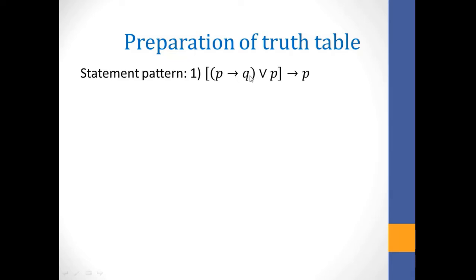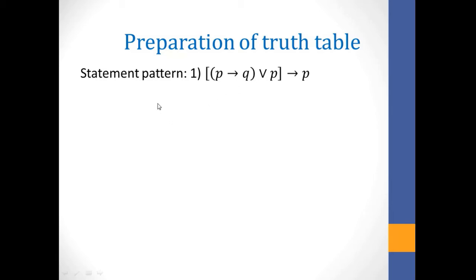This is implication, then this is or, means disjunction, and this is again implication. So we have to count this separately, this one and this one, 1, 2, 3. So 2 statements and 3 connectives.